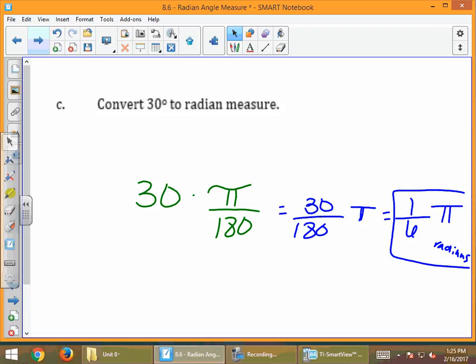Same thing. It's just saying this angle is 30 degrees, but it's also 1/6 pi radians. They're equivalent. They're just in different terms of measurement.